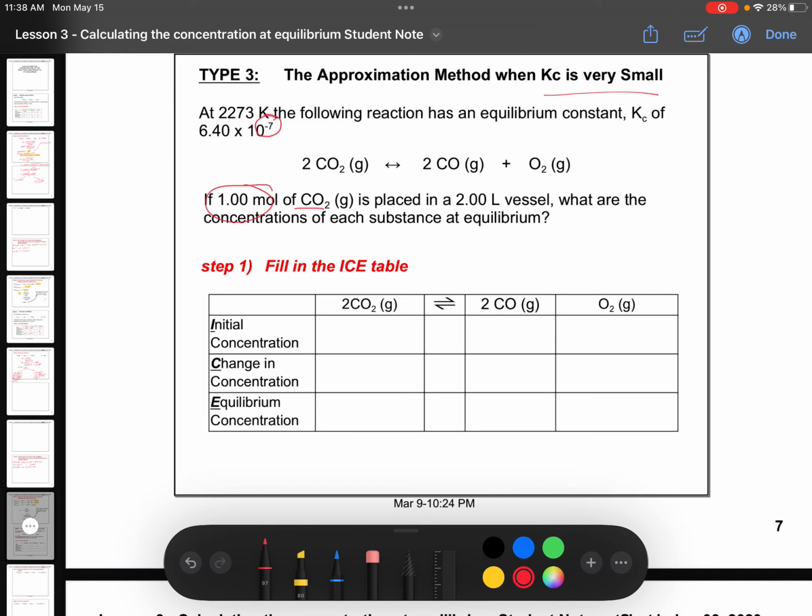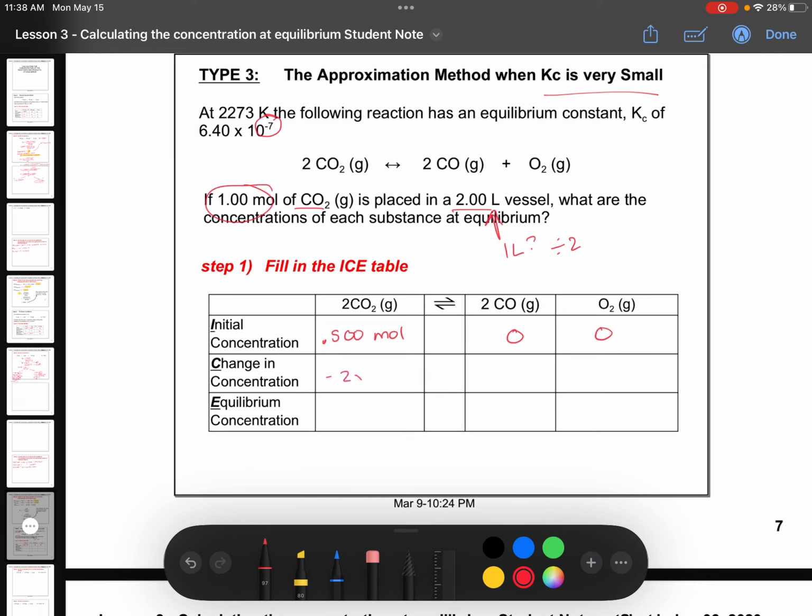Okay, so given the information here, we have to fill in our ICE table like normal. So we have our 1 mole of CO2 is placed in a 2-liter vessel. Because it is in a 2-liter vessel, we need to look at how many moles in 1 liter. So therefore, we're going to divide it by 2.